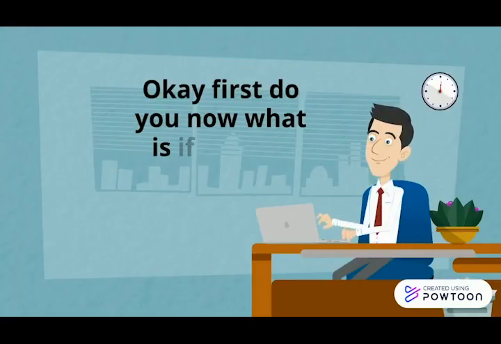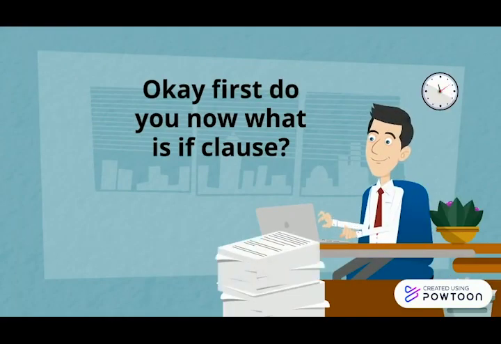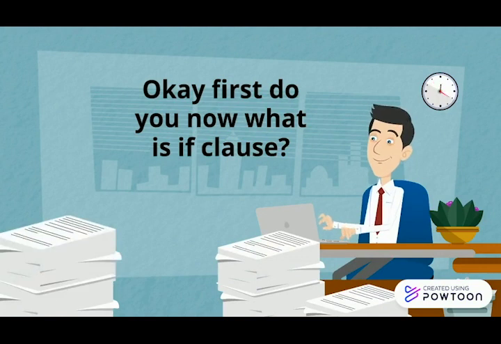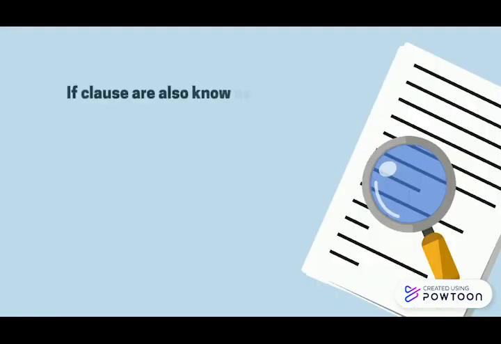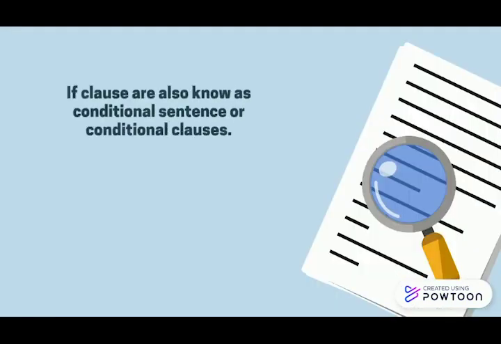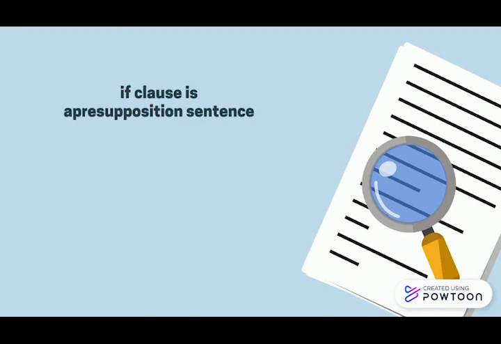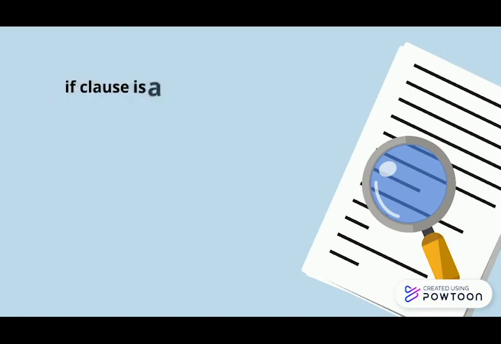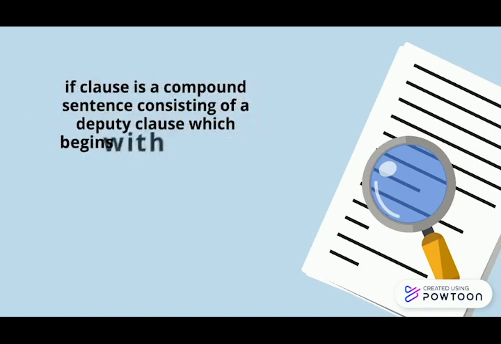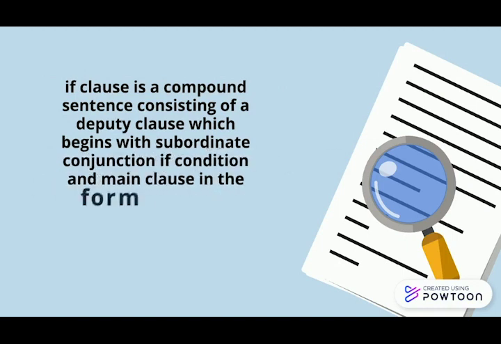Okay, first, do you know what an if clause is? If clauses are also known as conditional sentences or conditional clauses. An if clause is a presupposition sentence. It is a compound sentence consisting of a subordinate clause which begins with the subordinate conjunction if, the condition, and a main clause in the form of a result or consequence.